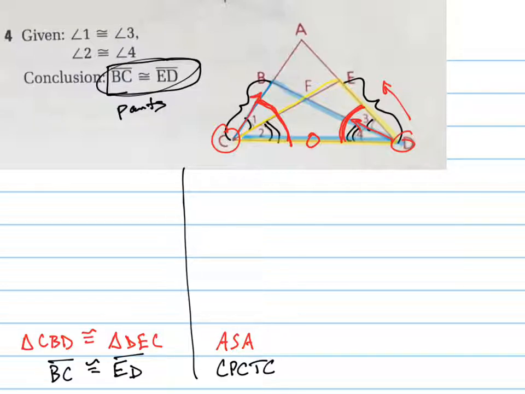Well, first of all, let's put the given down. So angle 1 is congruent to angle 3, and angle 2 is congruent to angle 4. And those are given. We'll just write that for 1.